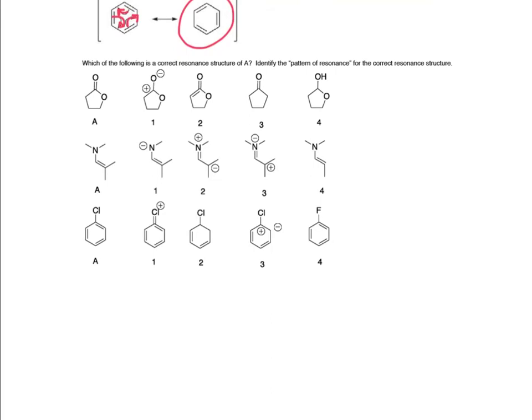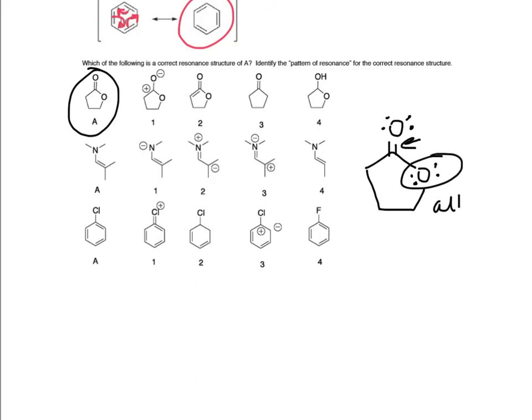So now I have several examples here. So I have molecule, let's start here. And the question says, which of the following is a correct resonance structure of A? So if I were to redraw this molecule with the lone pairs, okay. So here we have a pi bond.